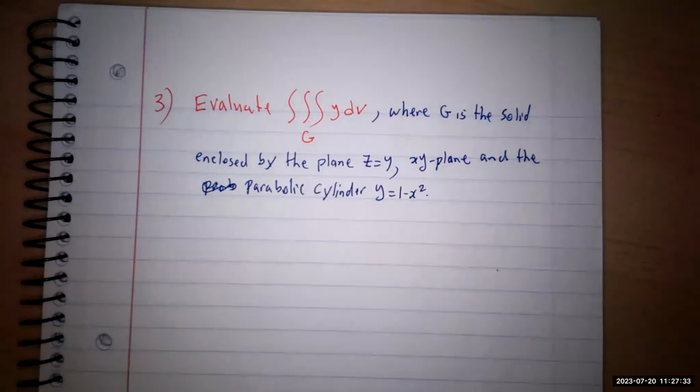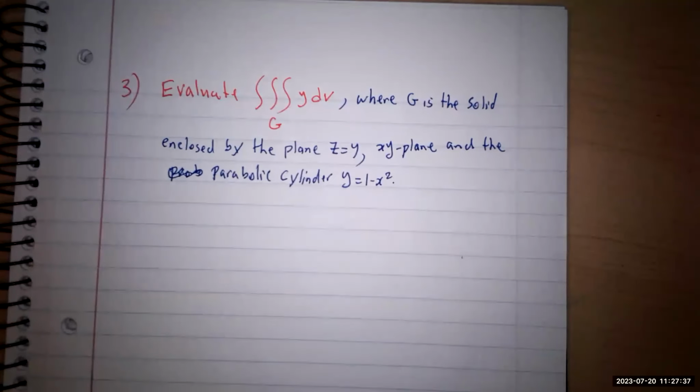Again, setting this up is going to be important for us. So it's a triple integral. You have to find the limits of integration. So you start with the z. You collect the information that you have about z to make it the limits of integration for z.